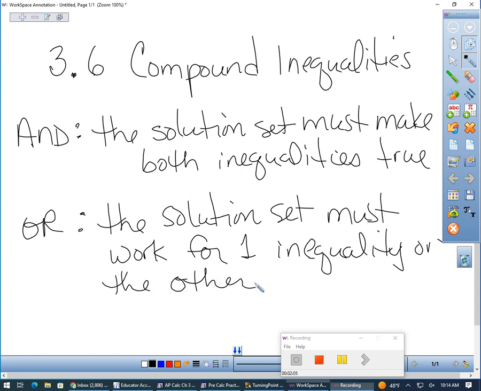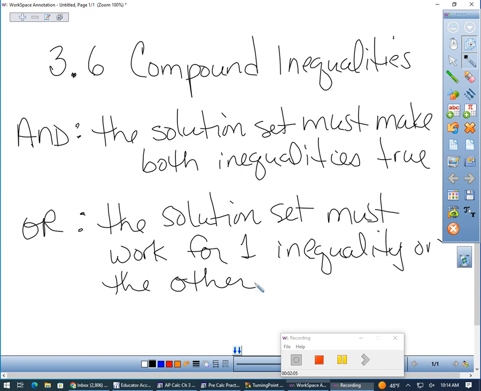If I use that same sentence and change it to or instead of and, it is sunny or it is 70 outside. In order for it to be true, one of them has to be true, but not both, right? So that's the difference between these two.